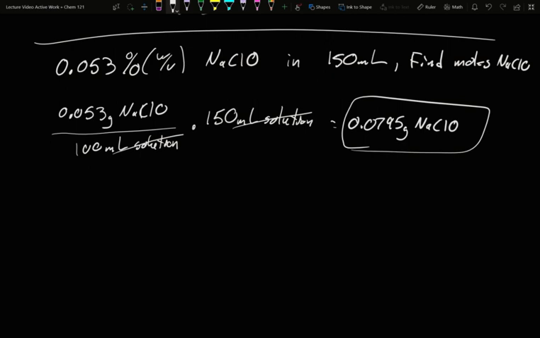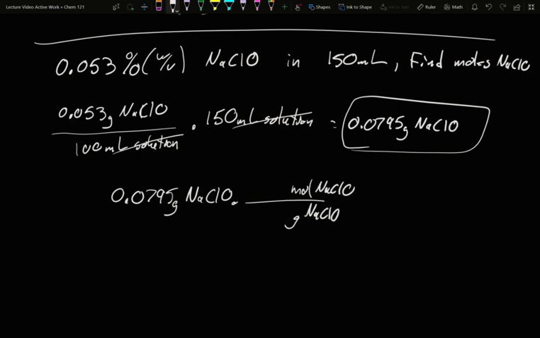But our goal was to find the moles of it. Once I know my grams, well, I can convert them. 0.0795 grams of a chemical. If I want to get out of grams of a chemical and into moles of that chemical, well, I'm going to need a molecular mass. For sodium hypochlorite, 1 sodium, 1 chlorine, 1 oxygen, it's going to be 74.44 grams in 1 mole.